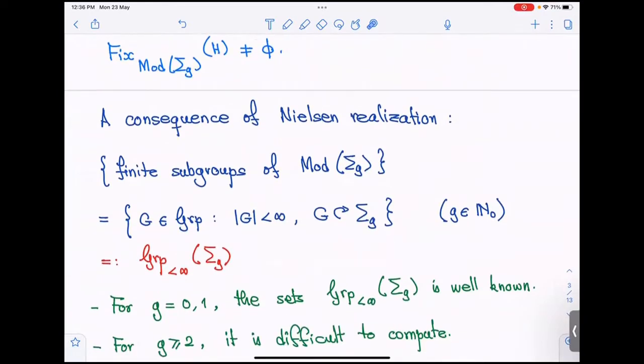Okay, so the question of classifying finite subgroups of the mapping class group, which is geometrically very important, is essentially the same as finding out all finite groups which act on sigma g for a fixed genus g over here.